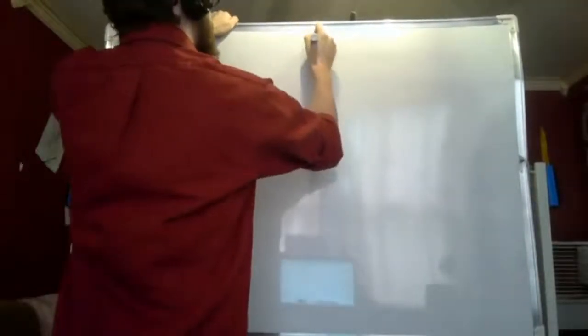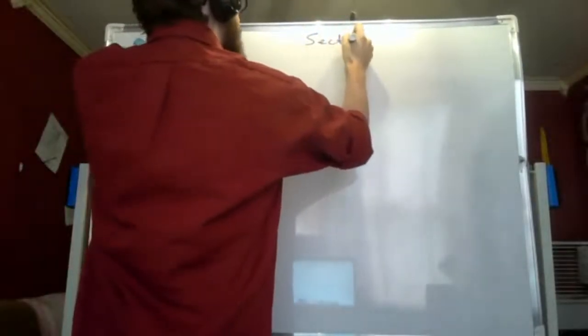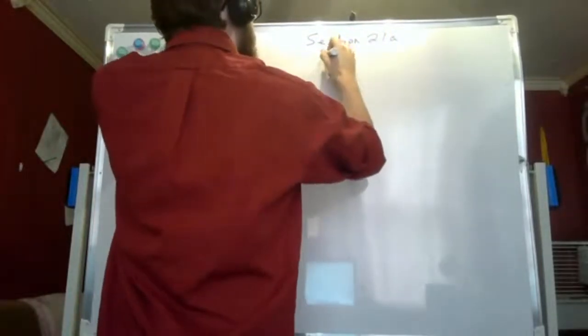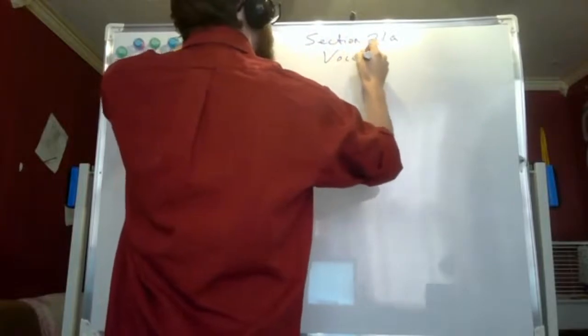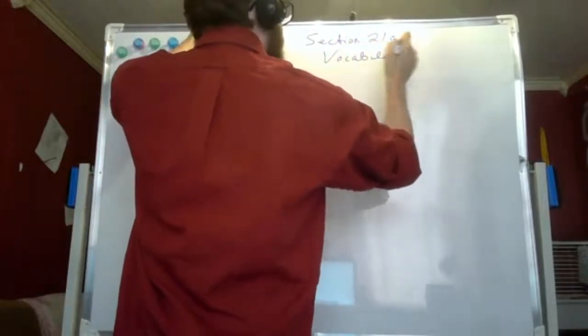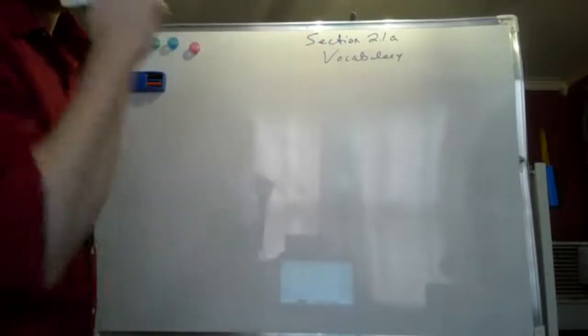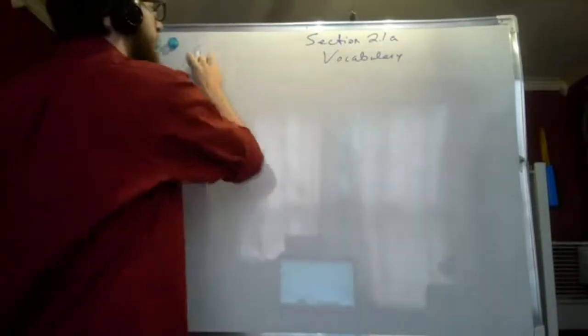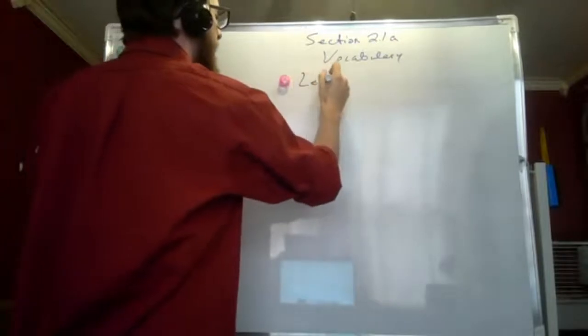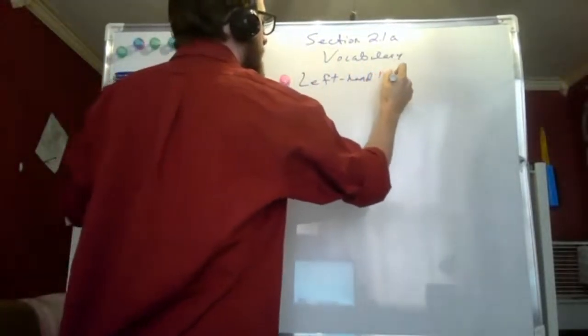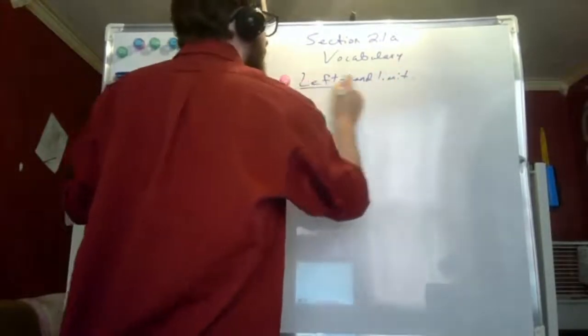All right, so we are looking today at section 2.1a. And again, let's just start with some vocabulary we're all going to need here. So first things first, we have what is called the left-hand limit.